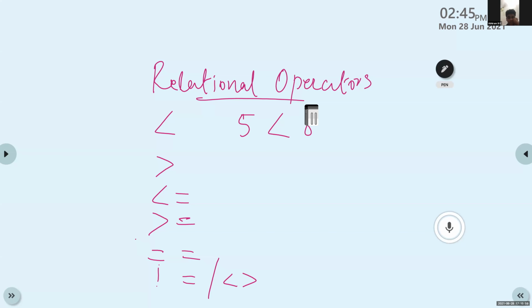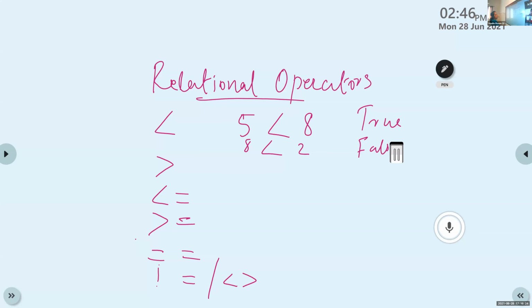What is the result? True. True is the result. Then if it is 8 less than 2? False. False, correct.